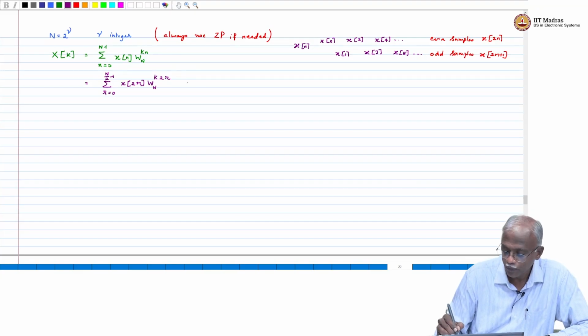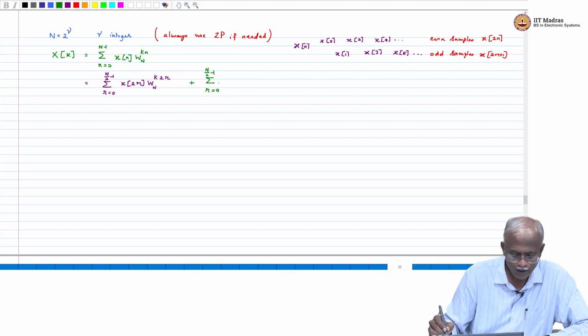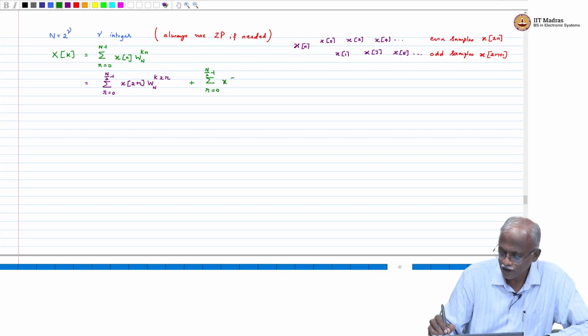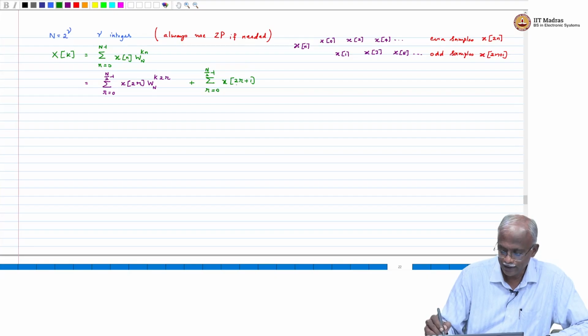Okay, and what about the remaining terms? The remaining terms are all the odd terms. So we get the same number of coefficients, n by 2 coefficients, 0 to n by 2 minus 1, x of 2r plus 1, all the odd coefficients. Okay, and that is the time index.